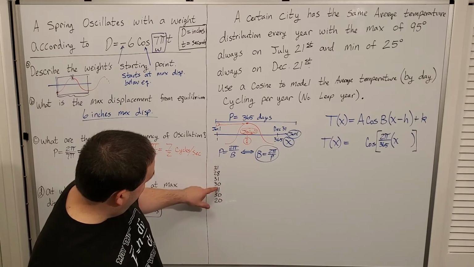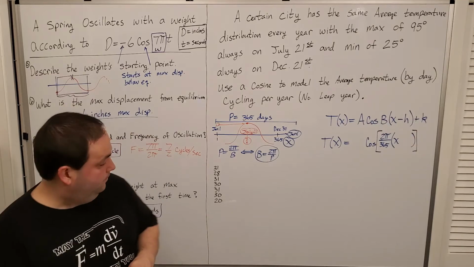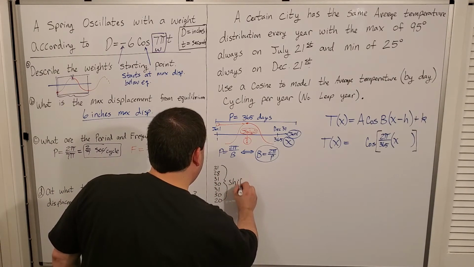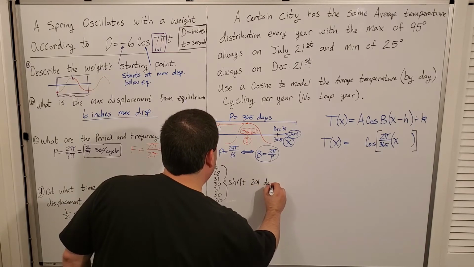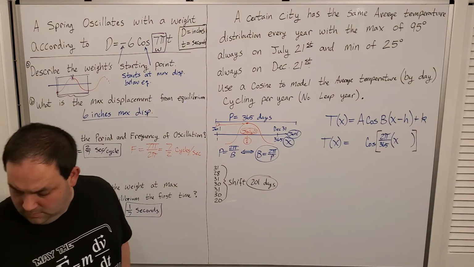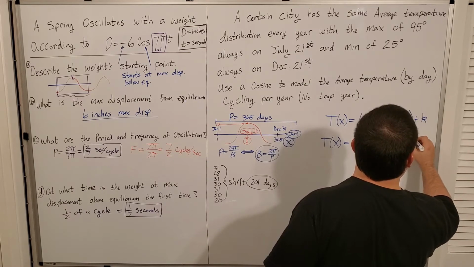Yeah, that's 181. 20 is 201. So my shift, shift 201 days. So then this is going to be minus 201.